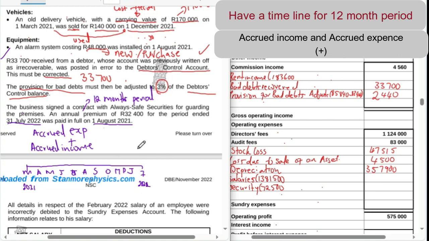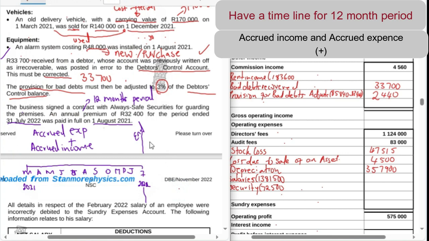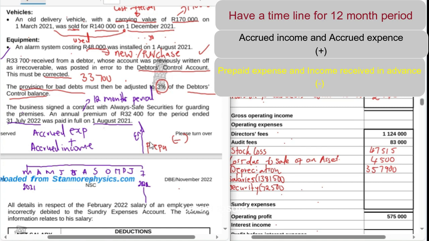And anything that has been received at the end of our financial period will be shown by which sign? By the negative sign. And all those things will be prepaid expense, and also income received in advance.